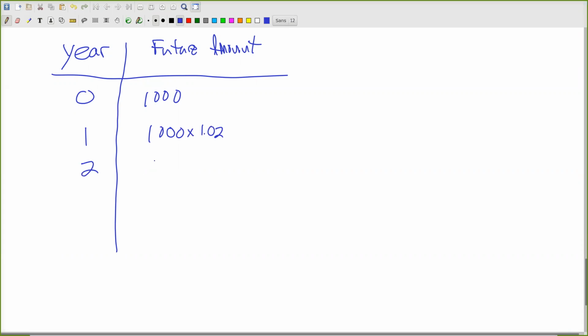In year 2, it would be 1,000 times 1.02 to the second power, because we're repeatedly multiplying by 1.02. In the third year, it's 1,000 times 1.02 to the third power, and so on. So the point here, this is called an exponential equation because here's my independent variable there, and I could put a 1 there and it wouldn't change anything. Here's that same independent variable there. Okay. So this is an exponential equation.